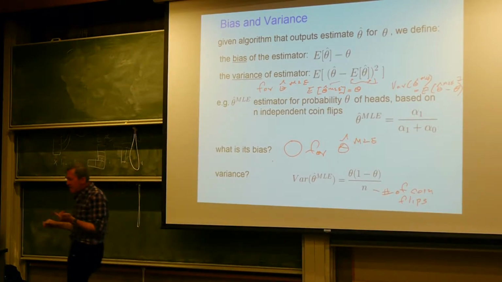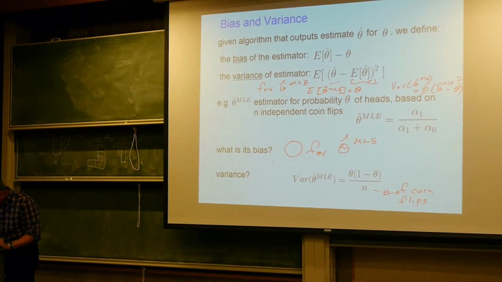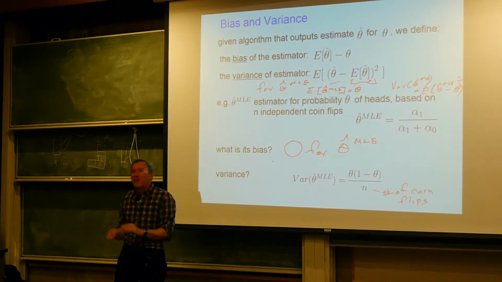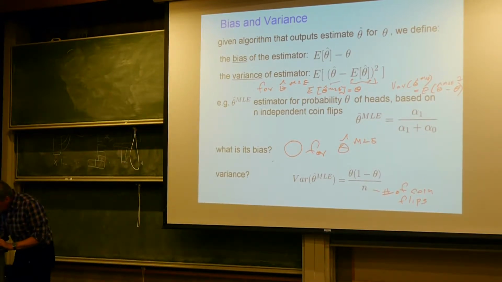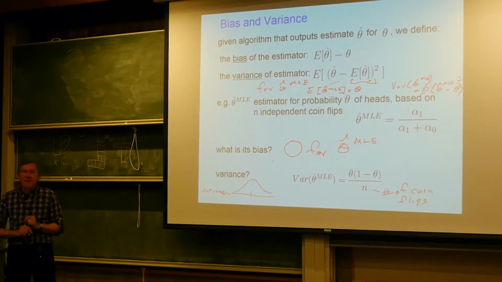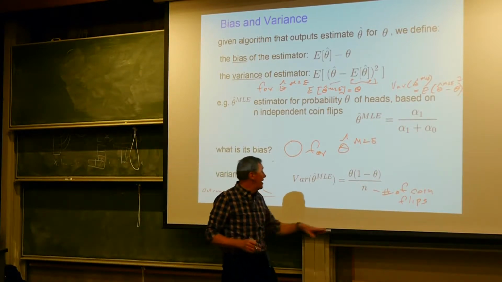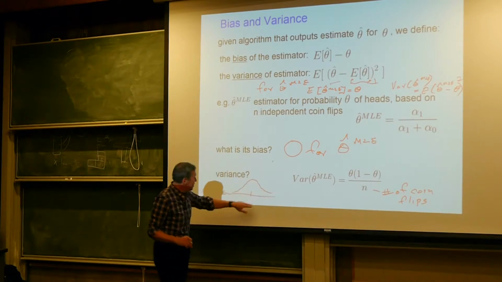In fact, if we did run the experiment of flipping a coin exactly 6 times, many, many times, then the outcome of the experiment, that is our estimate for theta, might look kind of like this. In fact, it'll follow what's called a binomial distribution, which, if n is big enough, looks a lot like a Gaussian distribution.